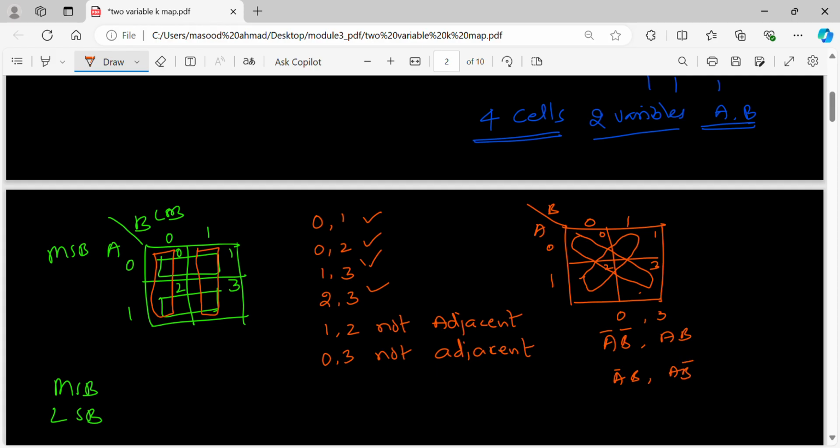What are the changes? From A bar to A there is a change, and from B bar to B there is a change. So they are not adjacent. If there is only one change, they are called adjacent.